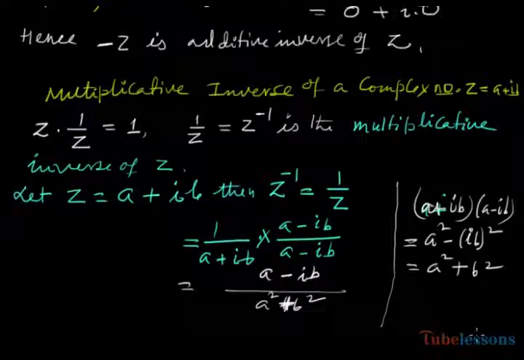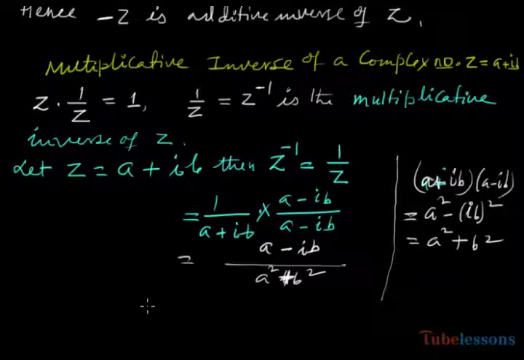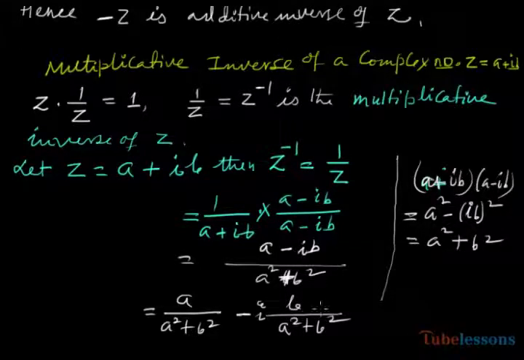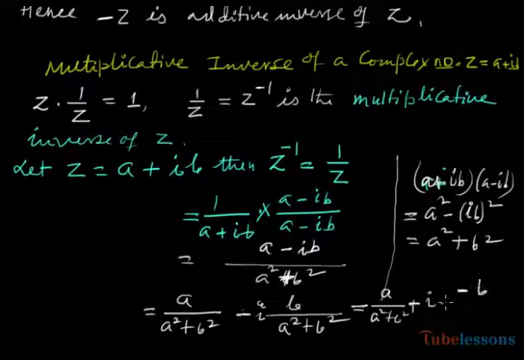Now if we separate these two, you obtain the real part a over a square plus b square, and the imaginary part minus b over a square plus b square.